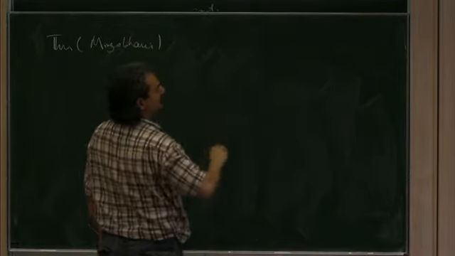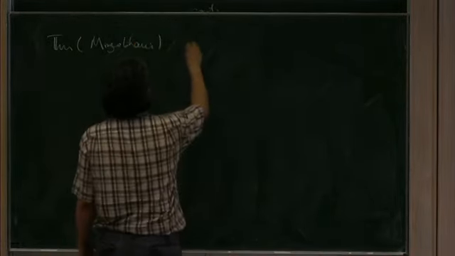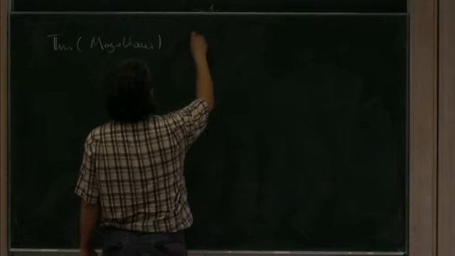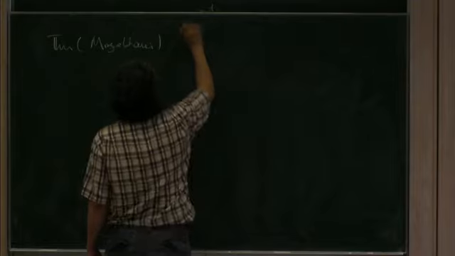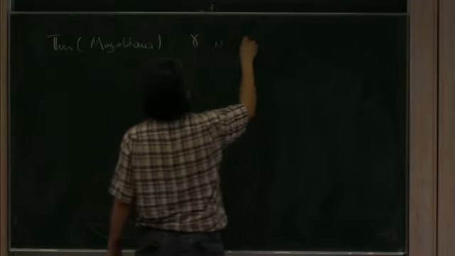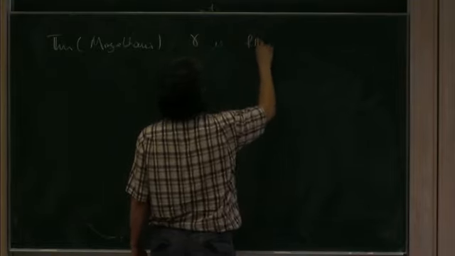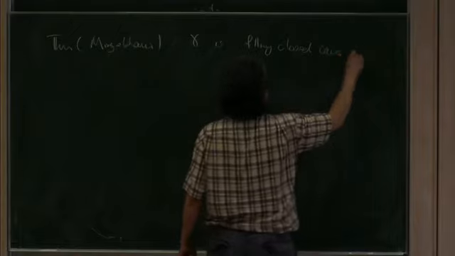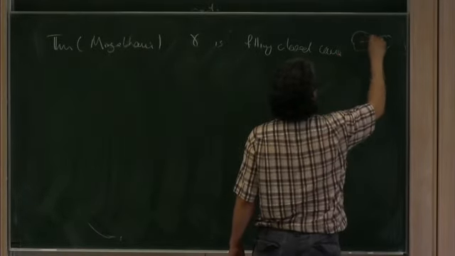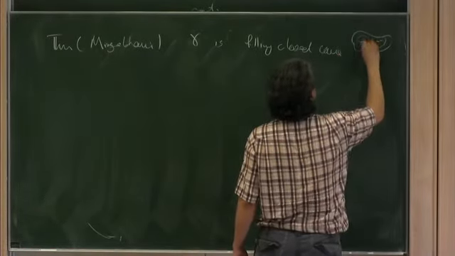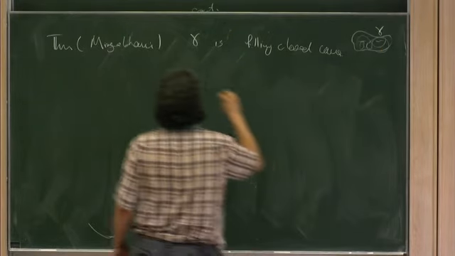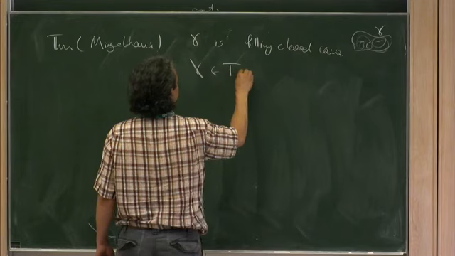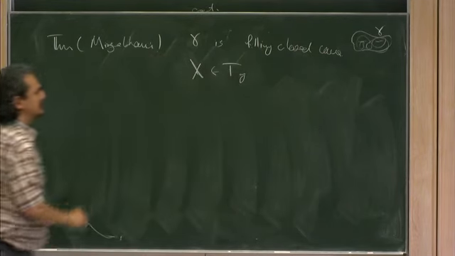So the special case here is, let's say gamma is a filling closed curve, some complicated curve. So this is gamma, and x is a point in Teichmüller space.